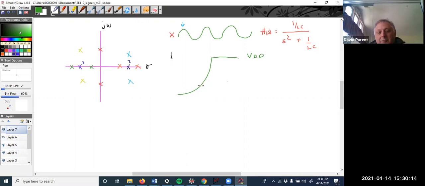This is the power supply. I'm getting a shape kind of like that. Which ones could it be?